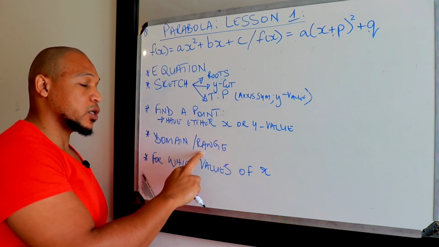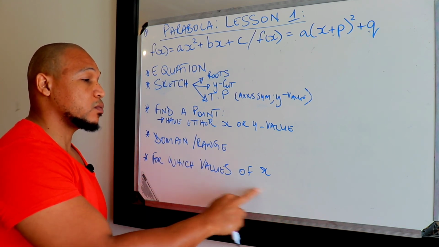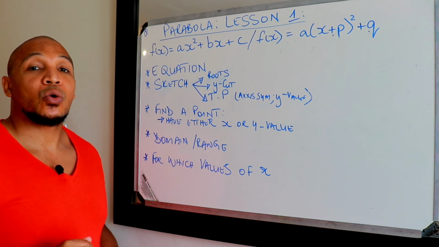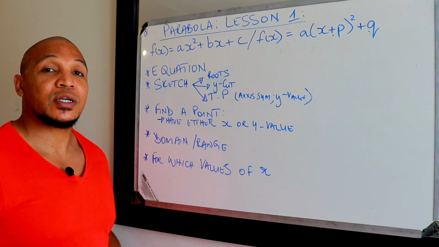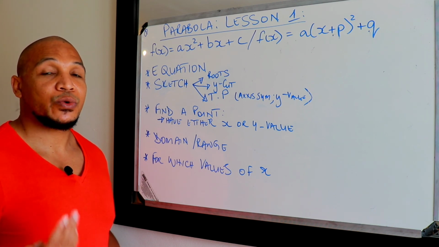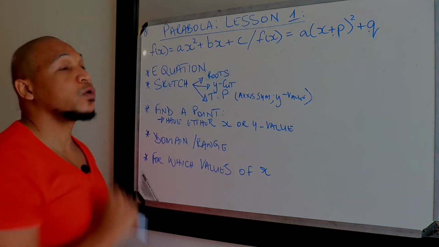Then you would know how to write down the domain or the range, and then we need to calculate for which values of x it is greater than, equal to, or smaller than, when that question comes up. In the next videos, we are going to look further into how we can do this.